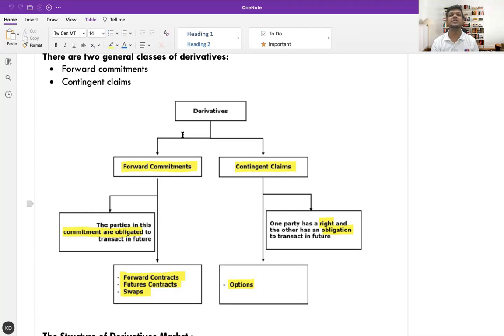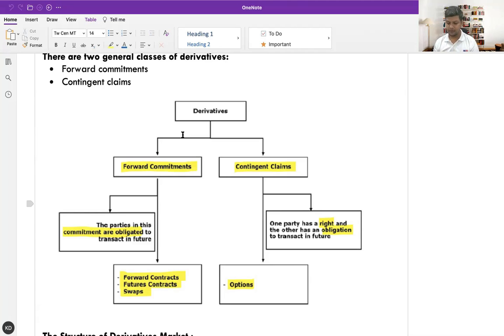So always differentiate between two things: derivatives market and spot market. In the derivatives market, you have different categories, which are forwards, futures, swaps, and options. Clear? Yes. But what are the securities traded in that? Those securities can be stock, bond, currencies, commodities, interest rate instruments, etc.